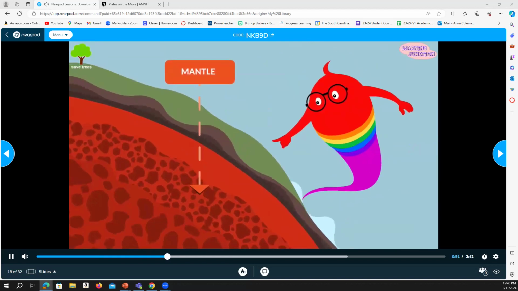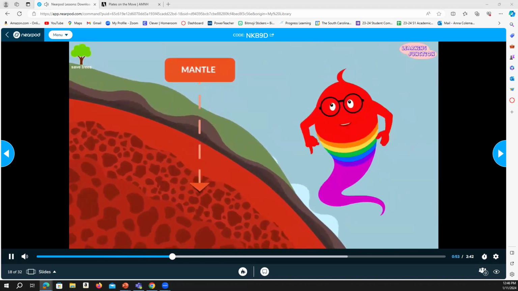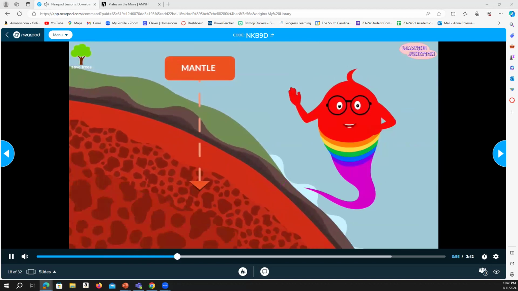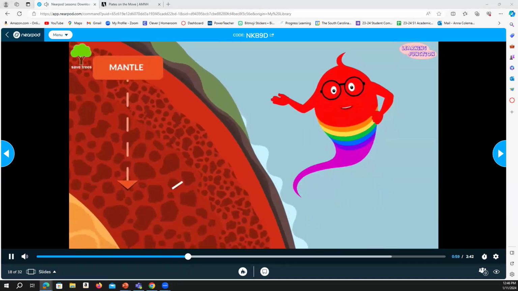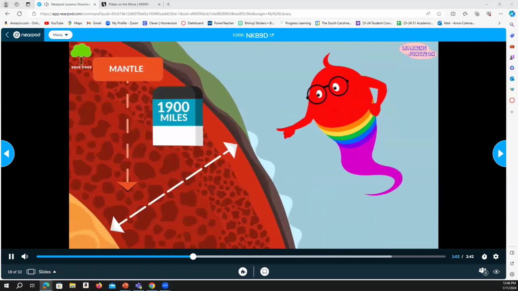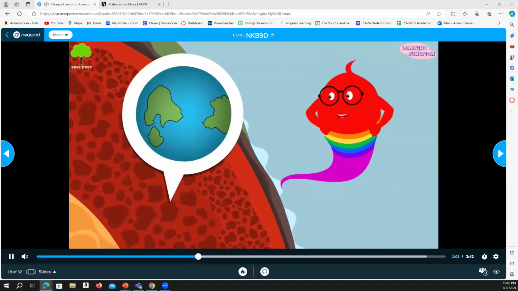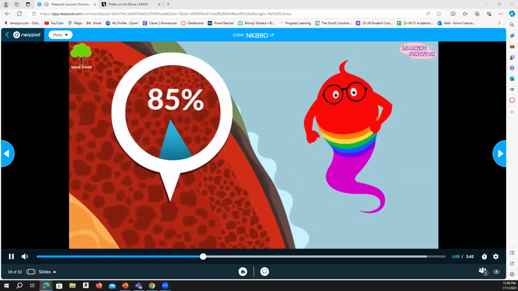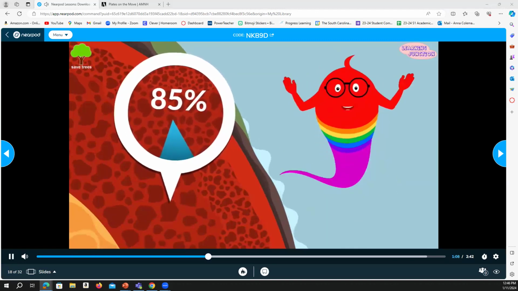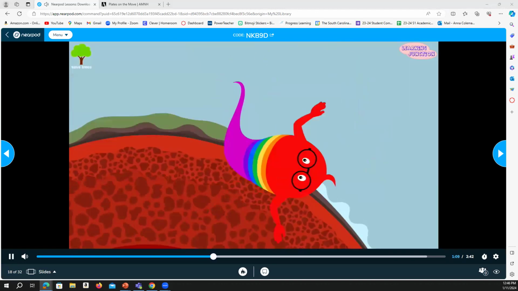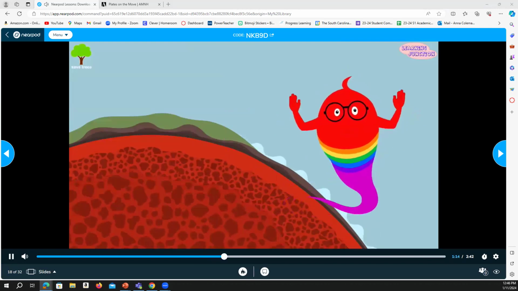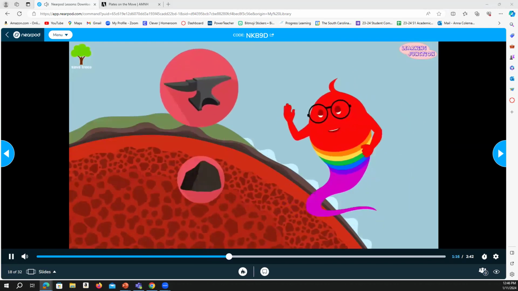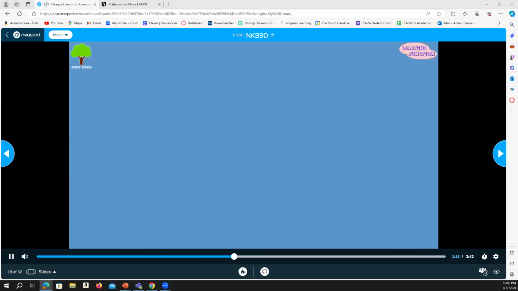Mantle. The next layer of the Earth is the mantle. The mantle is thicker than the crust at almost 1,900 miles deep and makes up about 85% of the Earth's weight. It is solid rock, but not completely hard. Amazing! The mantle is made up of slightly different silicate rocks with more iron and magnesium.